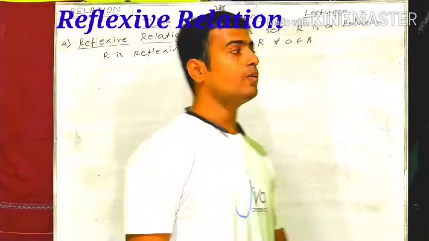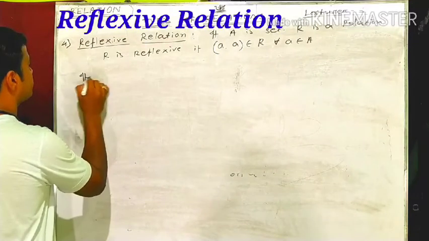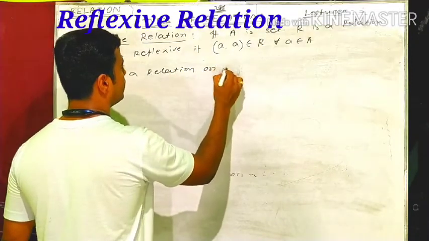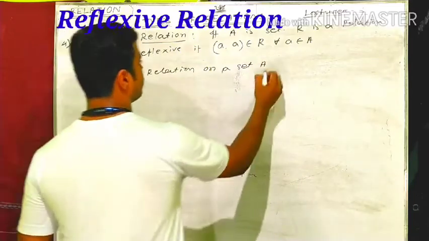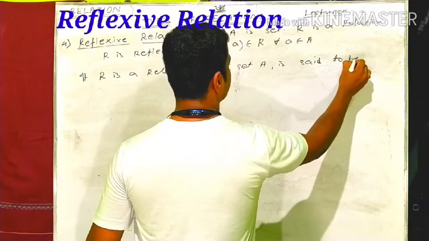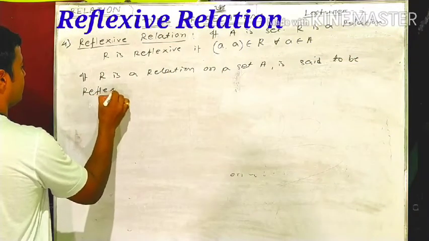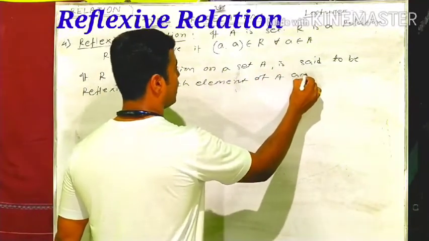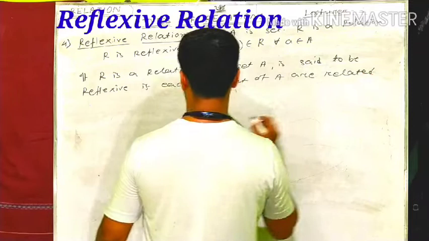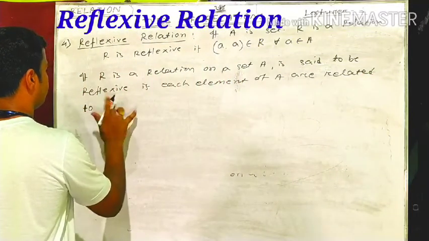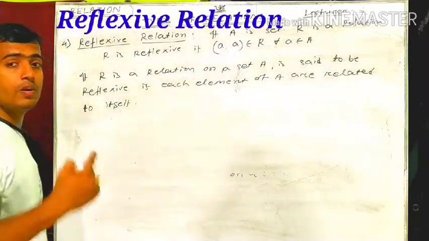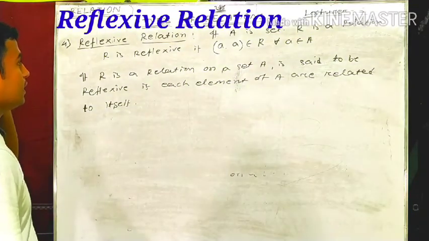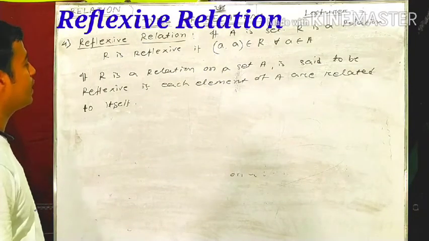So a reflexive relation, in other words, means that if R is a relation on a set A, it is said to be reflexive if each element of A is related to itself, and only to itself.